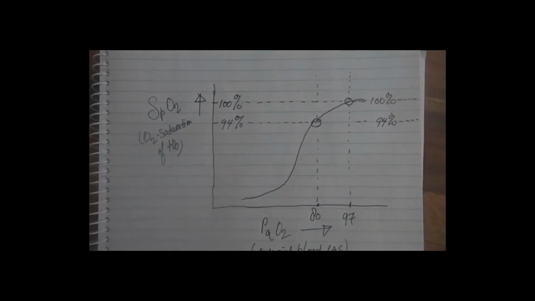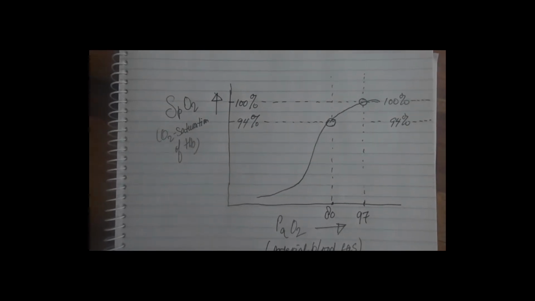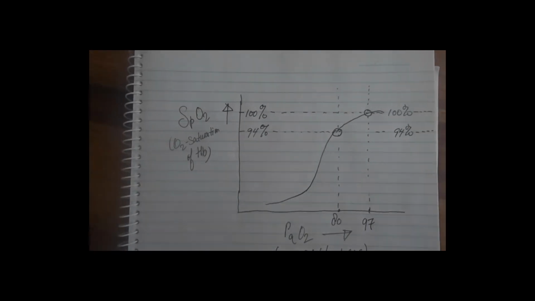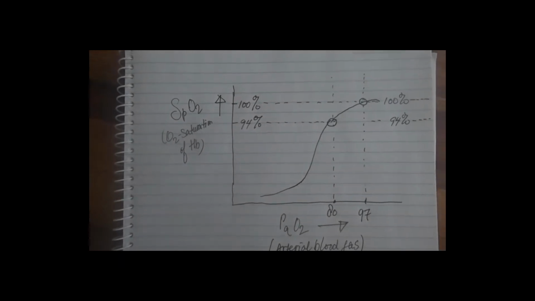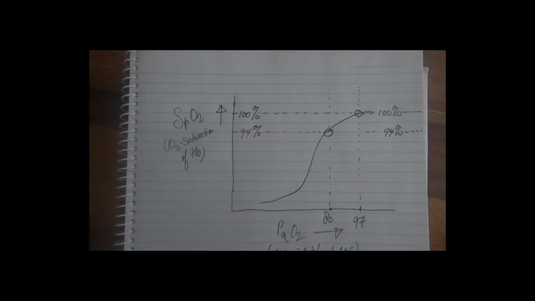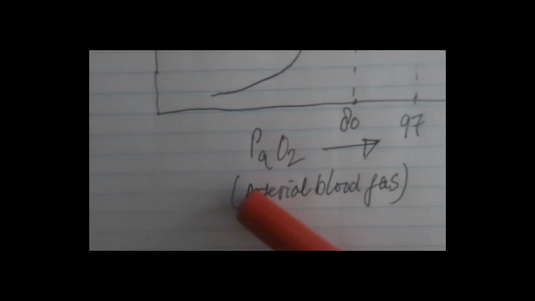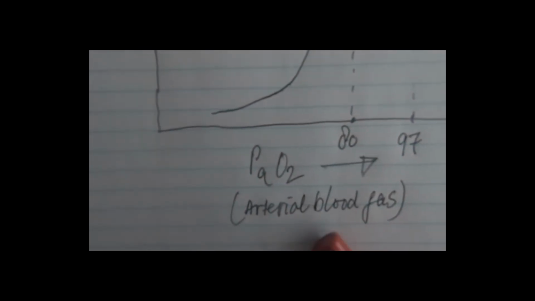So step 2 is to look at this diagram, graph, whatever you want to call it, and it's called the hemoglobin oxygen dissociation curve. Long word, but what we're really doing is looking at the relationship of the arterial blood gas pressure of oxygen.